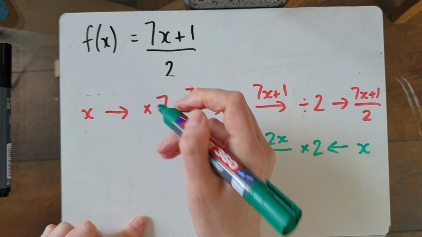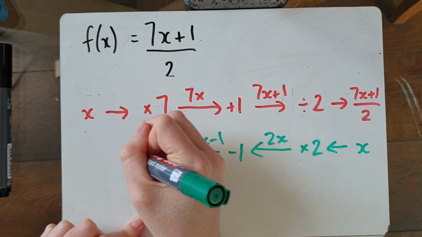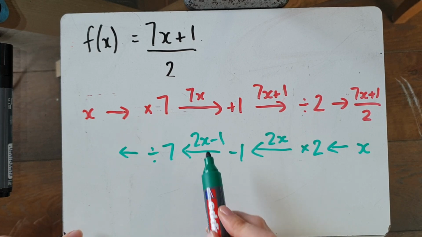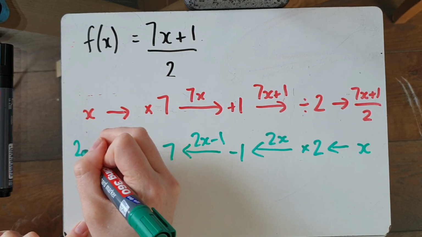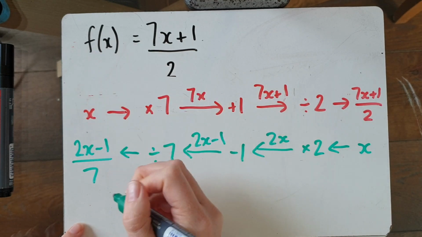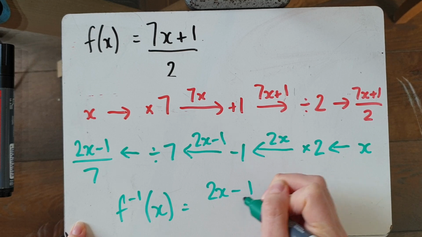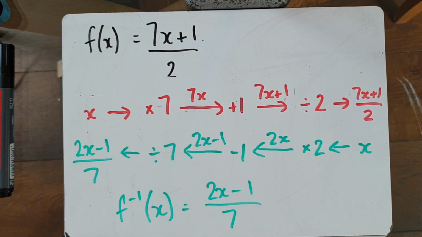And then instead of timesing by 7, we're going to divide by 7. I need to stop saying timesing instead of multiplying, don't I? So then we will have 2x minus 1 over 7. And that tells us that f inverse of x is 2x minus 1 over 7. So that is how you would use a function machine.